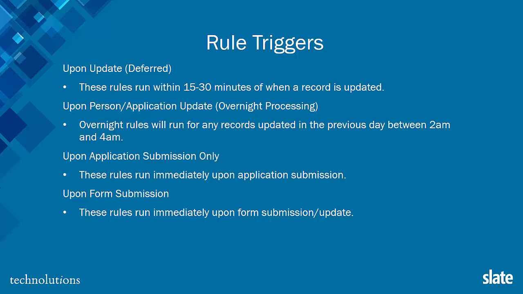Now the triggers that make up your rules. Again, reiterating, you always want to make sure in an exclusivity group that all your rules are using the same trigger. We have the upon update defer trigger. This is the standard one that the majority of your rules will be using, and this is where a rule would fire within the 15 to 30 minute time frame.